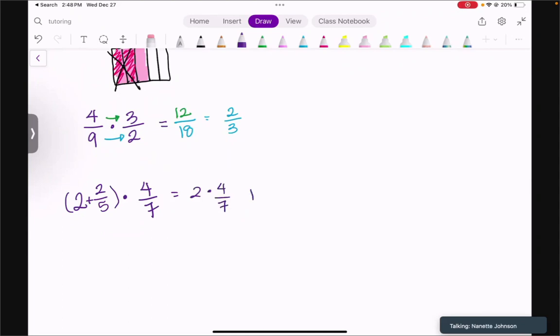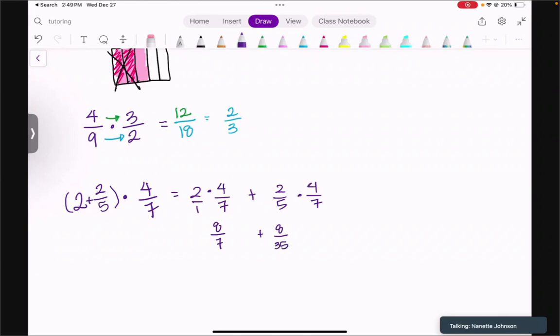And then I'm going to add it to 2/5 again times 4/7. And this will work, right? So you just multiply across here. This is 8/7 plus, like this, right? And then this is 8/35. And then you'll have to add these 2 fractions together.